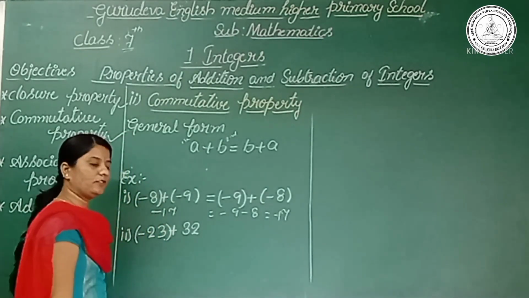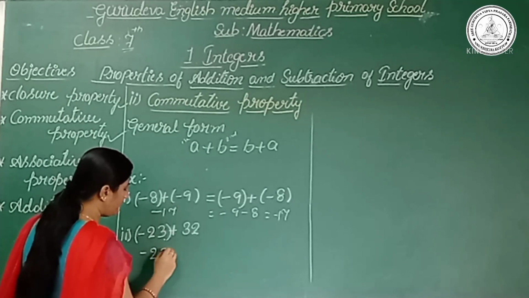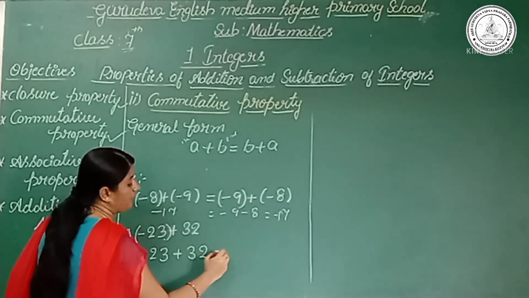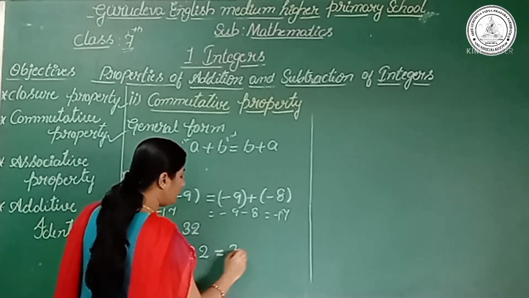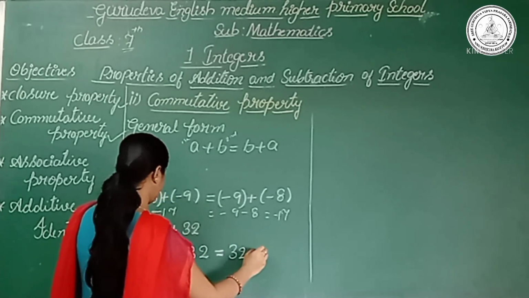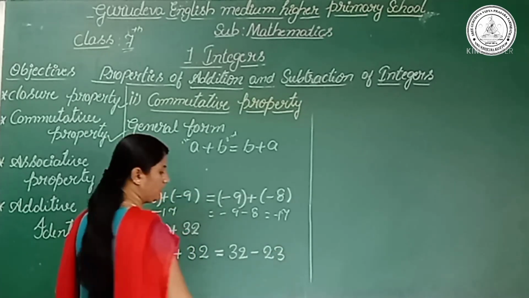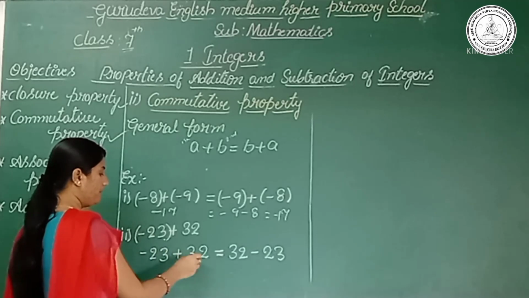Then let's check the other problem, minus 23 plus 32. So minus 23 is in the first order, 32 is in the second order. If I change the order of the integers, 32 first, then minus 23. Let's see here, minus 23 plus 32.